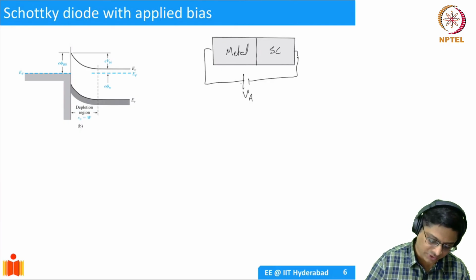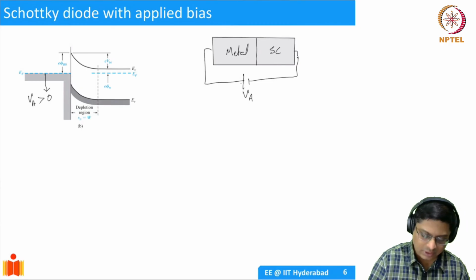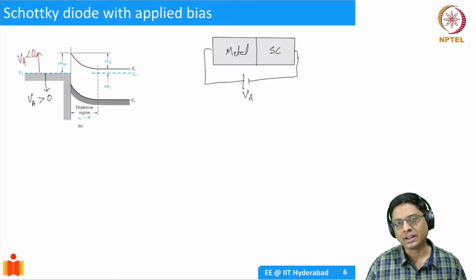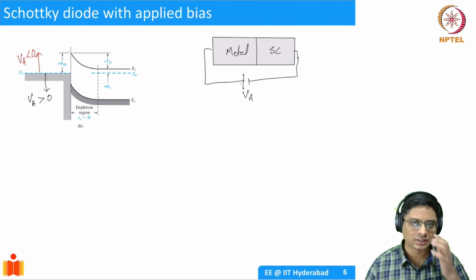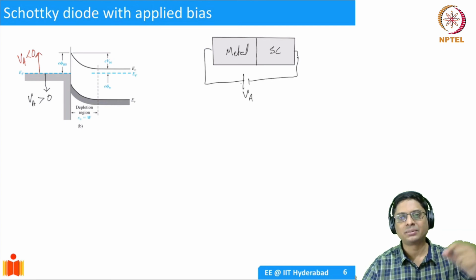So when VA is positive, the Fermi level lowers, right? VA is greater than 0. When VA is less than 0, the Fermi level is going to go up. So in a way, you could keep the EF in the bulk of the semiconductor constant, or hold it fixed, and then move the EF in the metal.